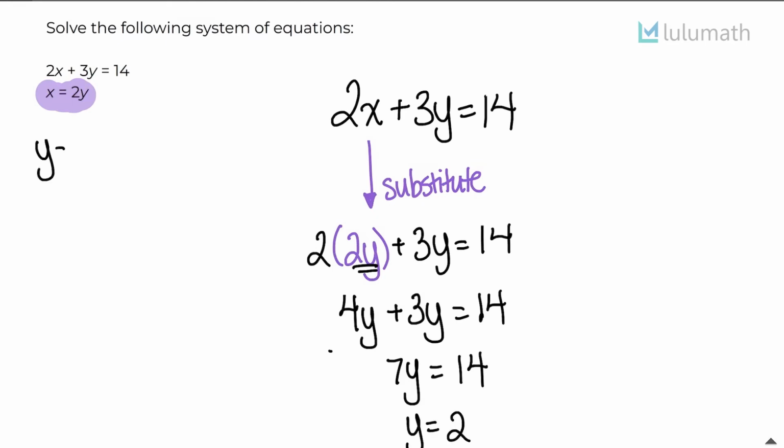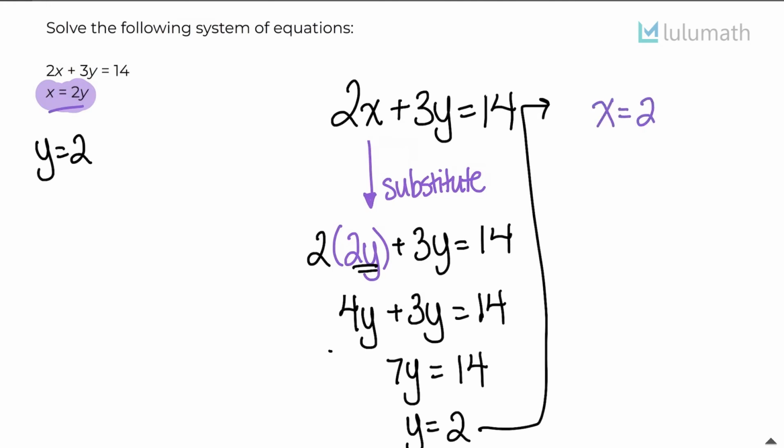So again, I know what y is this time, but I still don't know what x is. So my next step here is to solve for x. So I know here we are told that x equals 2y. So I'm going to start by writing x equals 2y right here. But now we actually have solved for y. We know what y is. We know y equals 2. So I can, again, substitute that y right here with the value of 2.